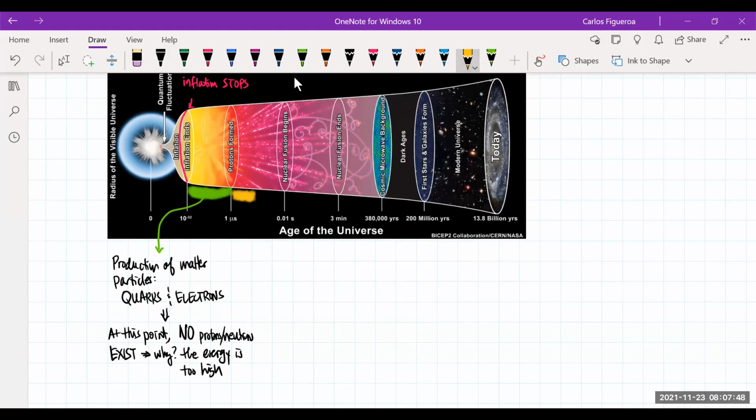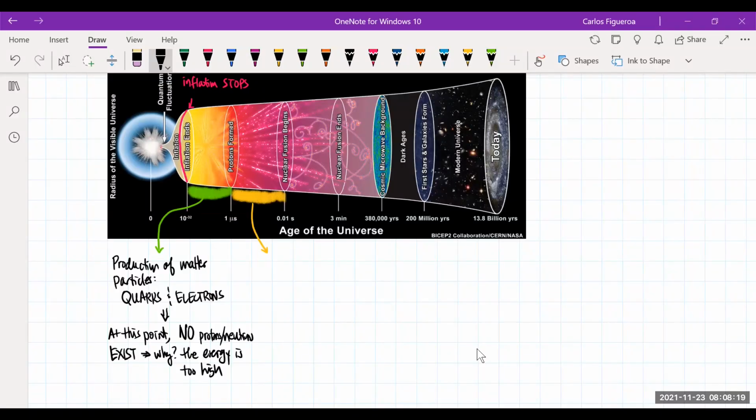So if I now come to this stage right here, what do I actually see? This is really the first key point, because this is the period where the first nuclei are made. And so you see here where it says protons form.